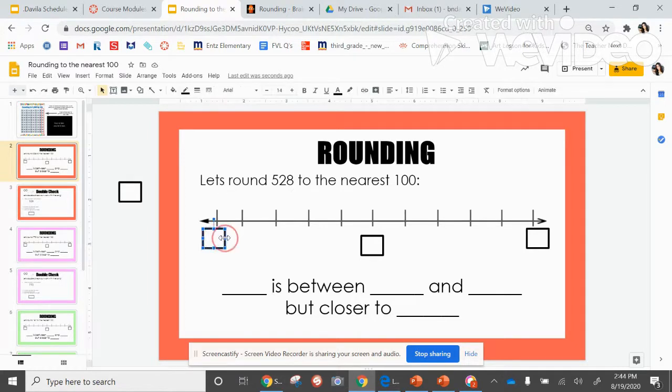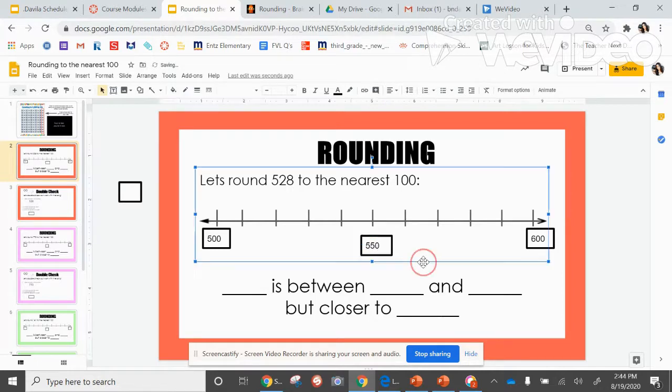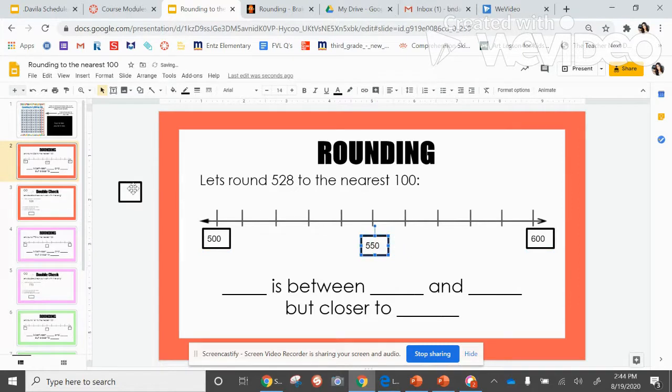Well, I know the 100 before 528 is 500, and that means that the next 100 is 600. And halfway between 500 and 600 is 550. So now that I have my number line set up, I can put 528 on the number line.